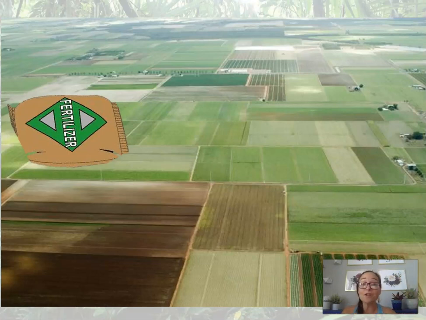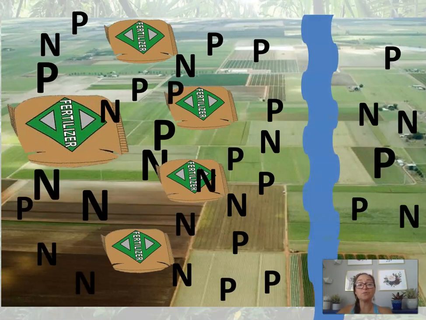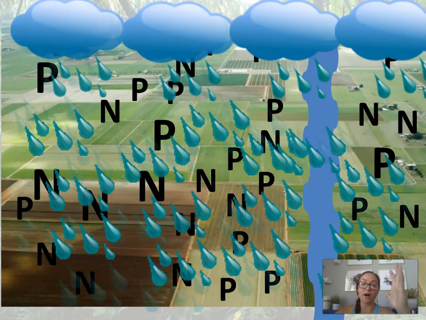Therefore, we use fertilizer to add that nitrogen and phosphorus back. So we use synthetic man-made fertilizer that is going to help the plants grow, but at the same time, when it rains, the rain is going to wash this nitrogen and phosphorus into our waterways.